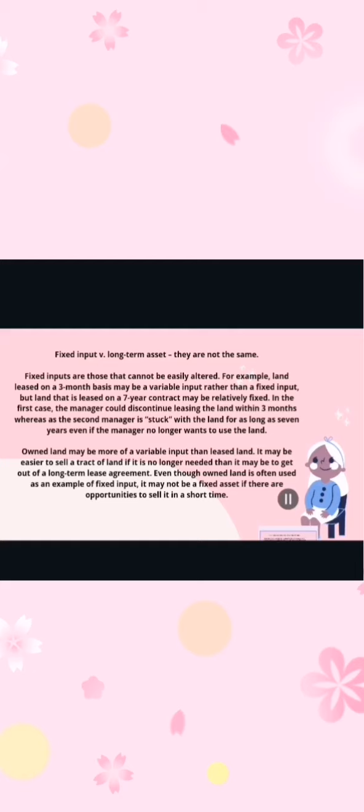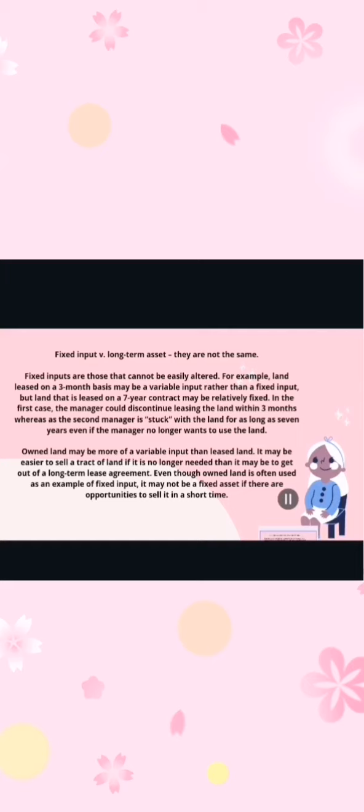Fixed input versus long-term asset. They are not the same. Fixed inputs are those that cannot be easily altered. For example, land leased on a 3-month basis may be a variable input rather than a fixed input, but land that is leased on a 7-year contract may be relatively fixed.